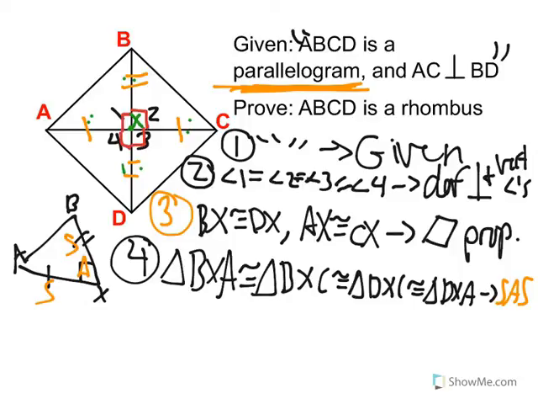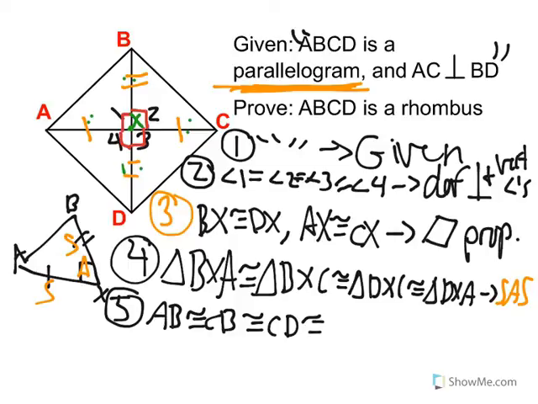So now that I have congruent triangles, I can use CPCTC to get congruent sides. So AB is congruent to CB, is congruent to CD, is congruent to AD.